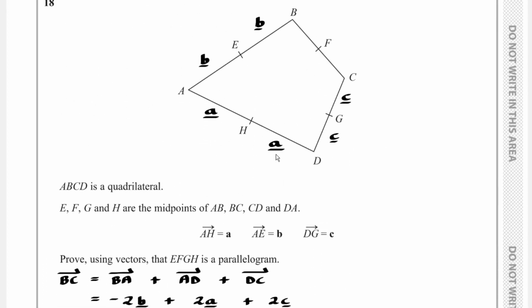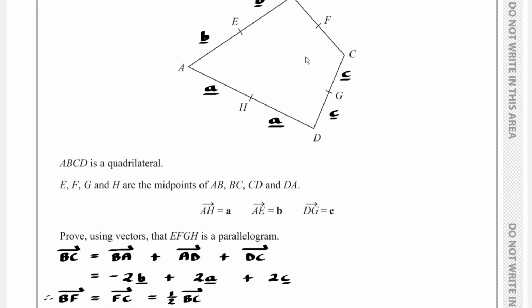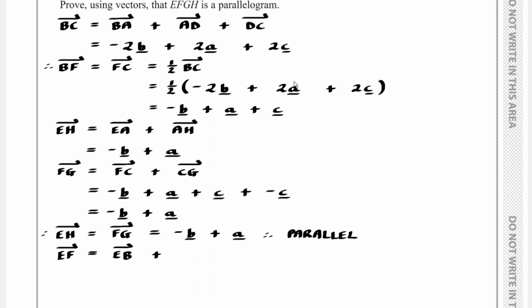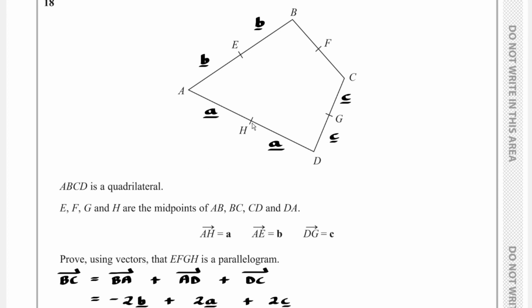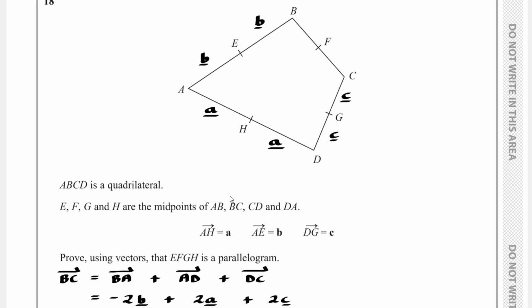Similarly, we can find out what EF is, starting at E, finishing at F. That's EB plus BF. So we have B plus negative B plus A plus C, which simplifies to A plus C. And we can also find out what HG is, because we want to show that this is parallel to EF. So HG is equal to HD plus DG.